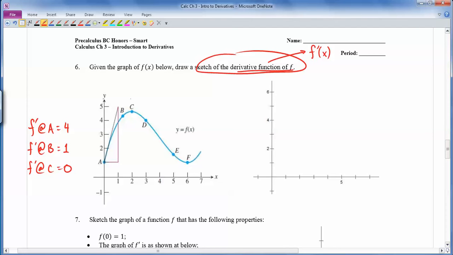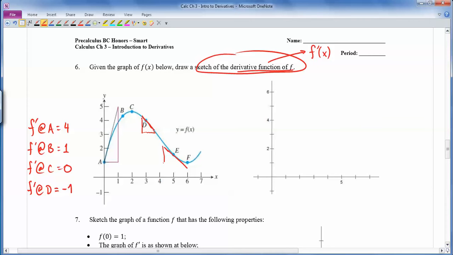F prime at D. Let's see here. If I draw a little tangent line at D, looks like down 1 over 1. So this slope would be negative 1. And then at E, let's see here.